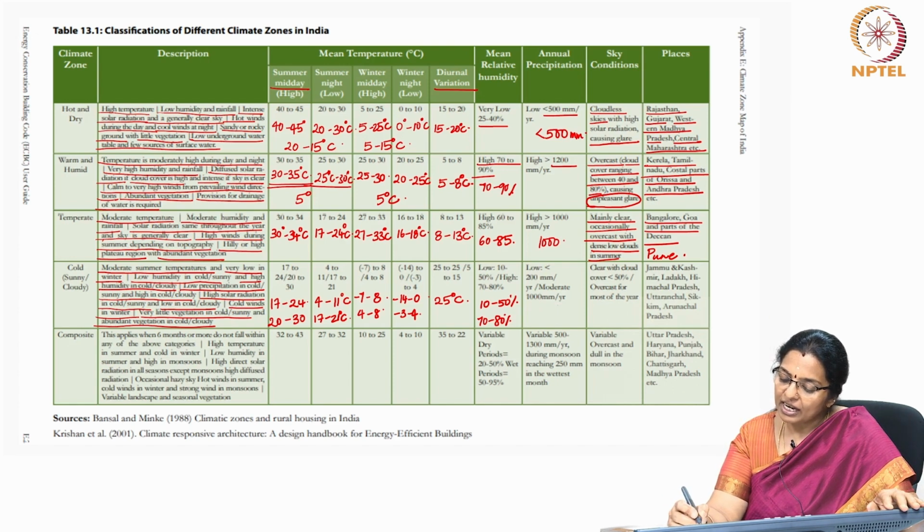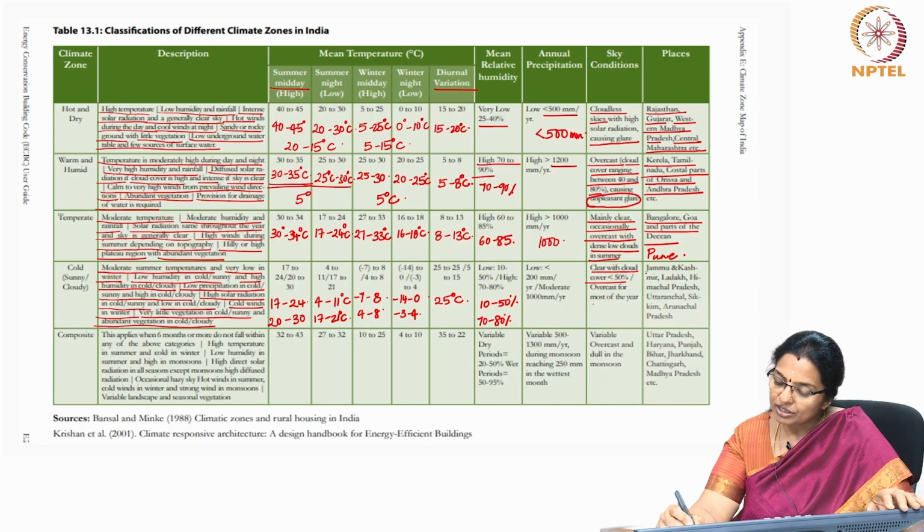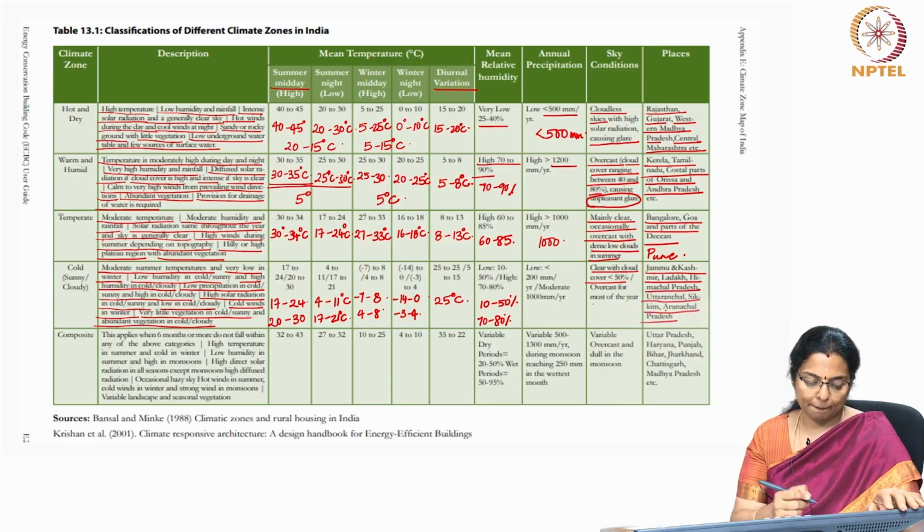Sky conditions are clear with cloud cover in cold and sunny, and overcast for most parts of the year in cold and cloudy. Areas include Jammu and Kashmir, Ladakh, Himachal Pradesh, Uttaranchal, Sikkim, Arunachal Pradesh.